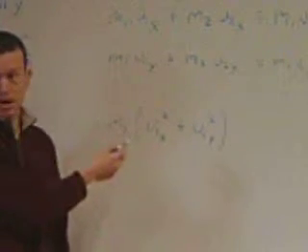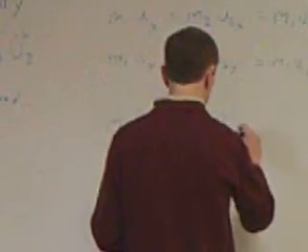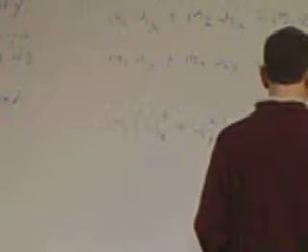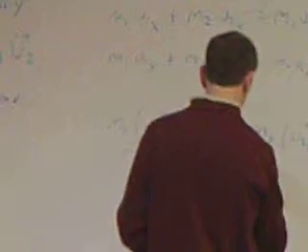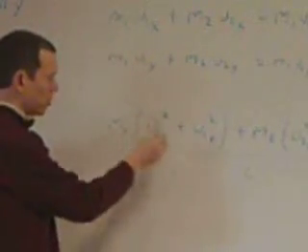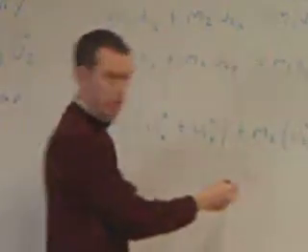You're looking for mv squared for kinetic energy, right? And so we're going to divide this by 2. Plus M2 times U2x squared plus U2y squared. So I'm going to divide the whole thing by 2. And so I have M1 U1 squared plus M2 U2 squared over 2. So this is the kinetic energy beforehand.